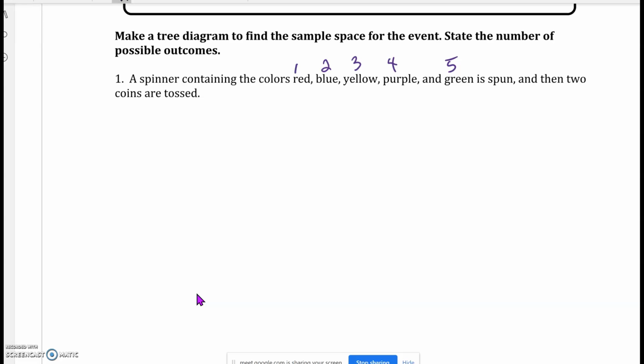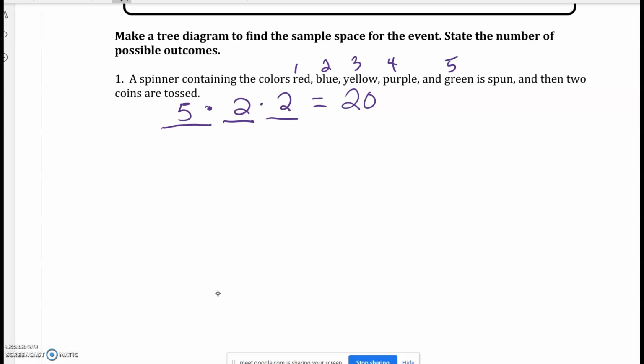Separately, the spinner could land on one of 5 colors, and the coin tossing could be one of 2 outcomes. This is going back to the fundamental counting principle. So we know we're going to have 20 possible outcomes.